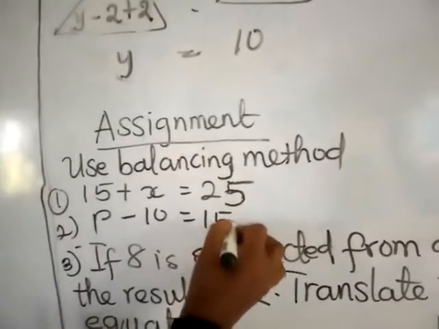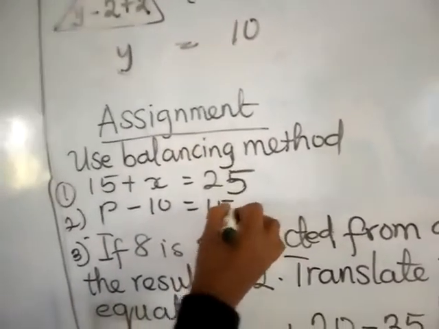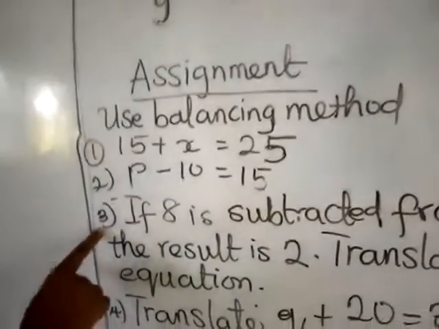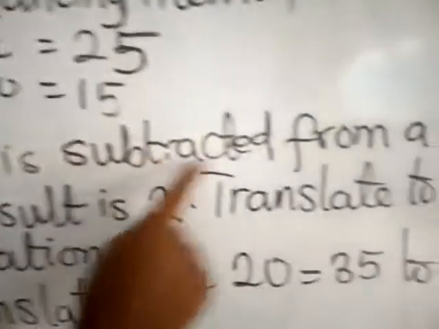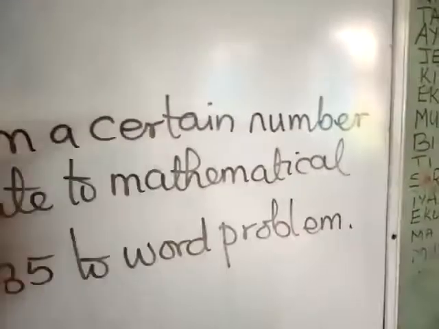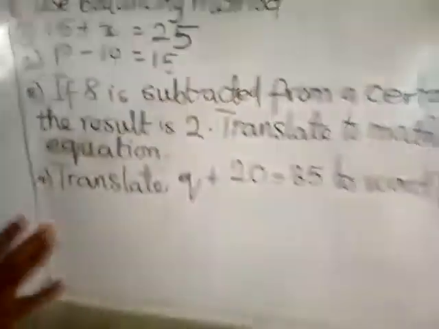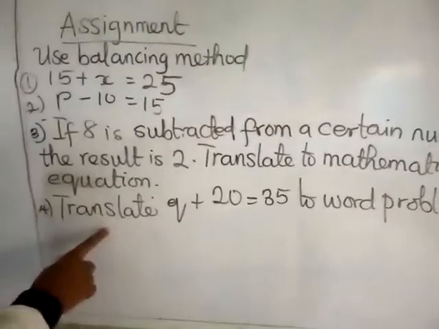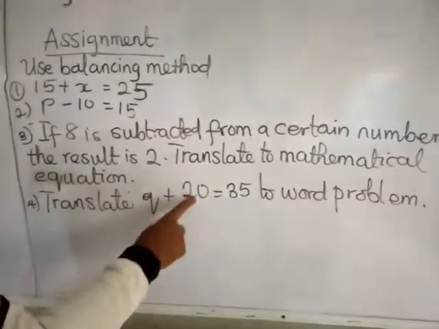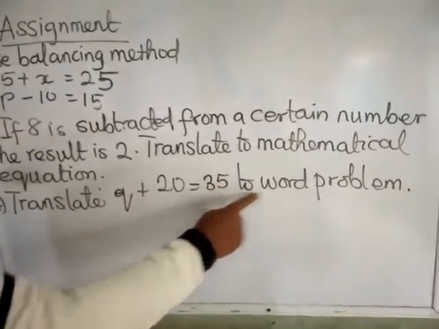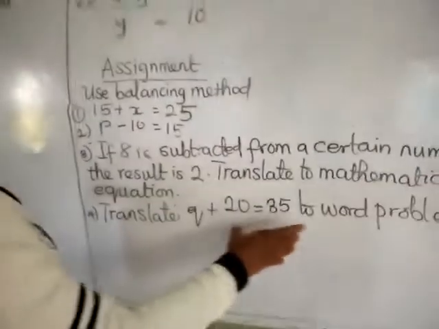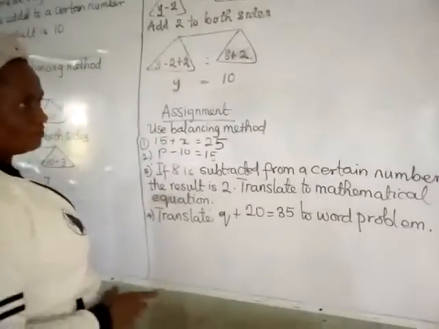Number 3 says if 8 is subtracted from a certain number, the result is 2. Translate into a mathematical equation. You are only going to translate that. And number 4 says translate q plus 20 equal to 35 to word problem. So you are now going to translate this to a word problem for me.